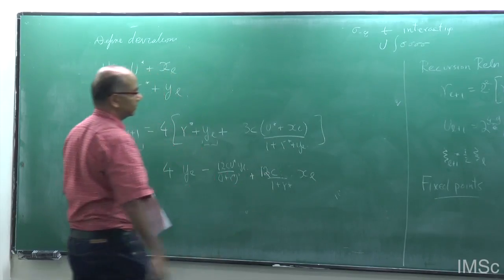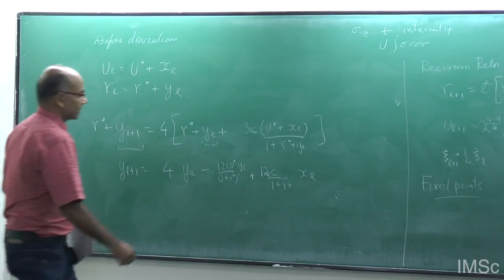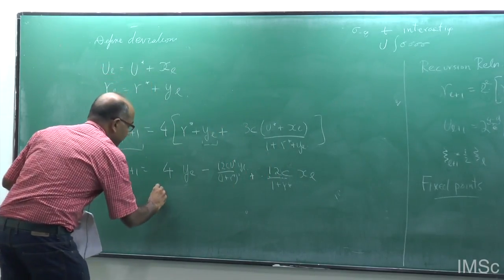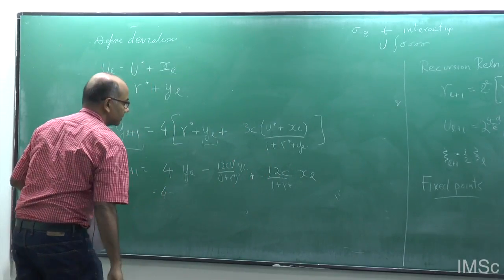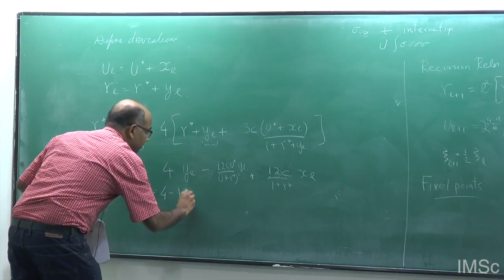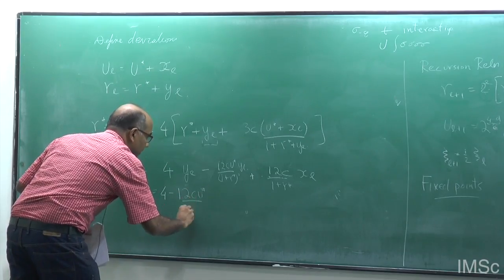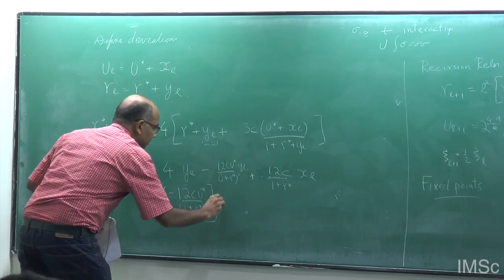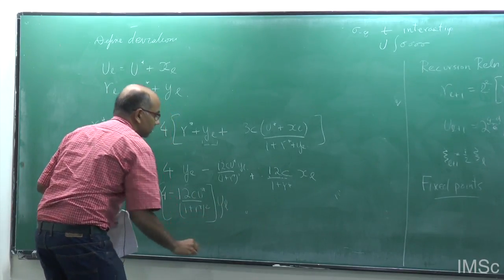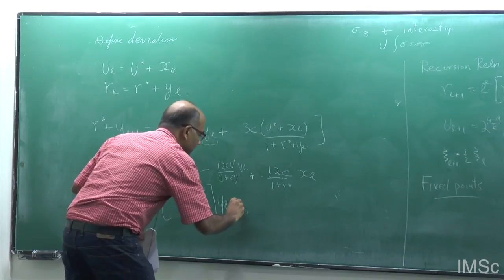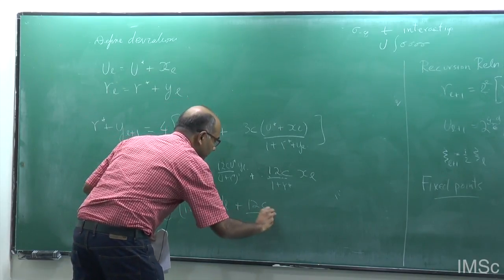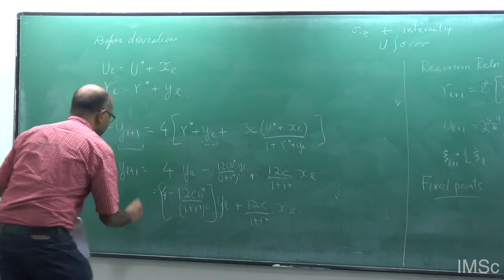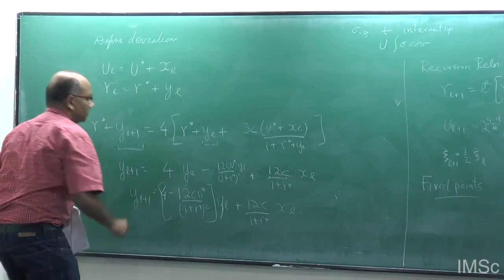There's no U star here. Right. So I'll just write it more neatly. So this is actually 4 minus 12C U star by 1 plus R star squared times Y_l, plus 12C by 1 plus R star times X_l. So this is Y_{l+1}.